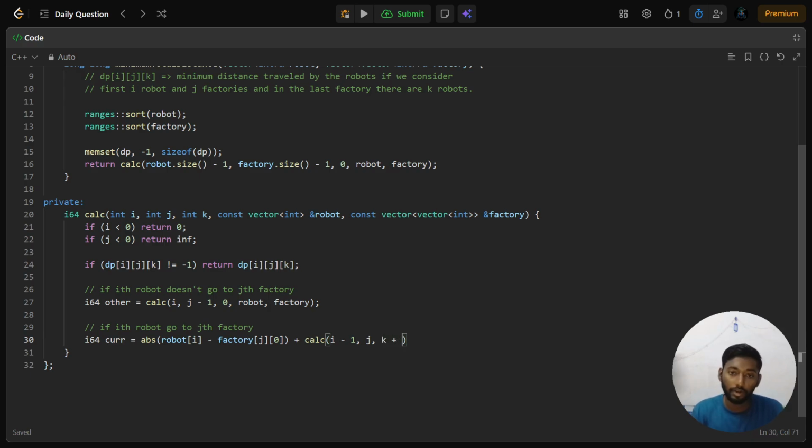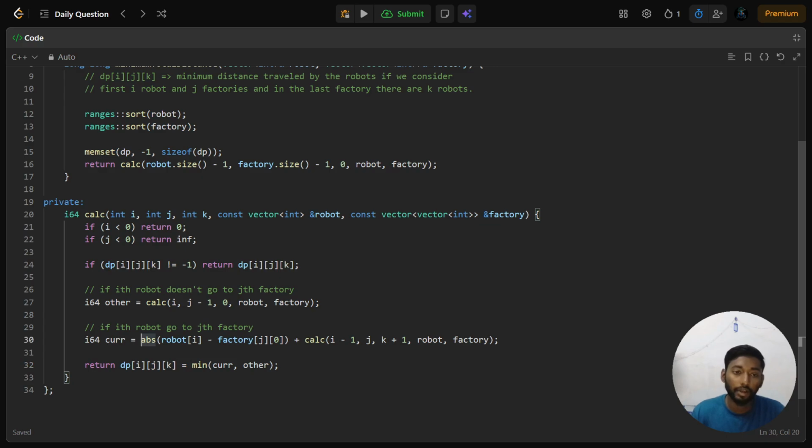So now the robot count will increase by 1, and we will return the minimum of current comma other, and we have to store this answer in dp of i comma j comma k.